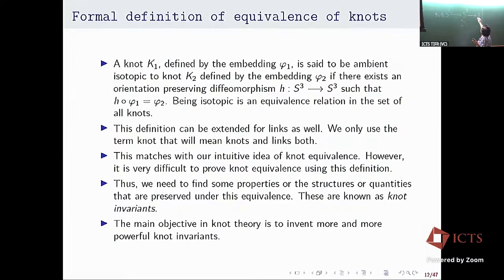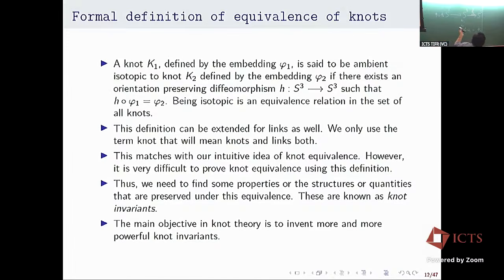So from S3 to S3, I want a good map, described as an orientation preserving diffeomorphism. If you don't know these terms, just believe it has some good properties, and it represents how S3 shakes, such that if you compose one of the embeddings with this, you get the other one. So that's how this transformation, converting one to the other, can be described mathematically.